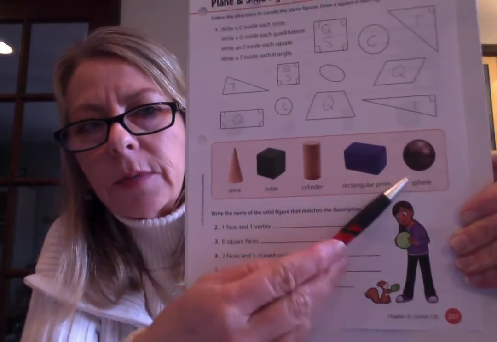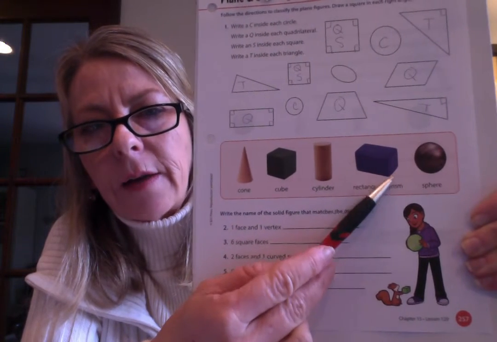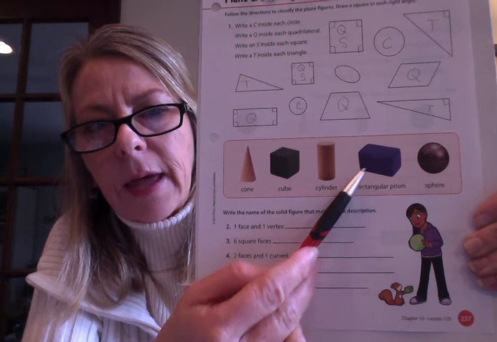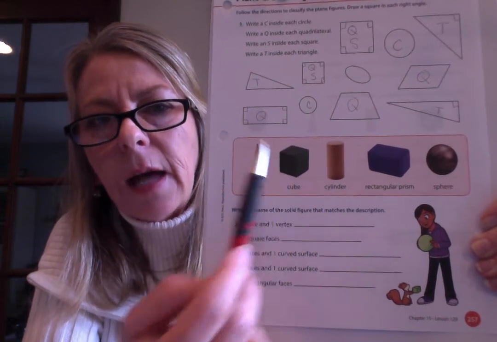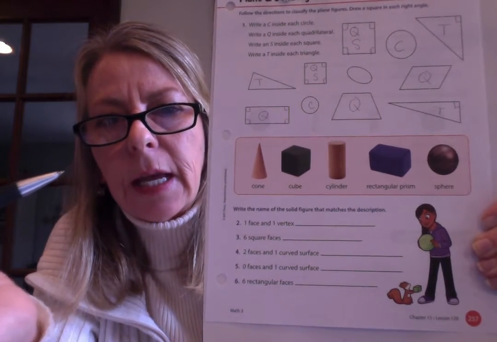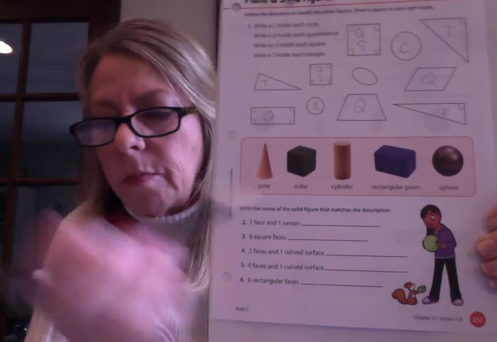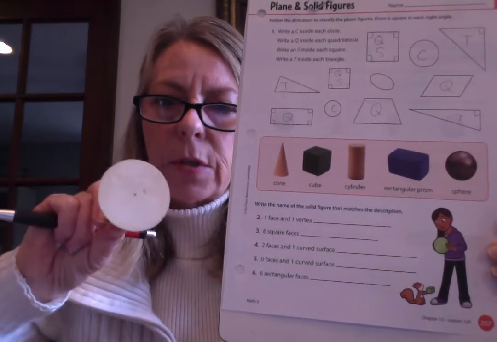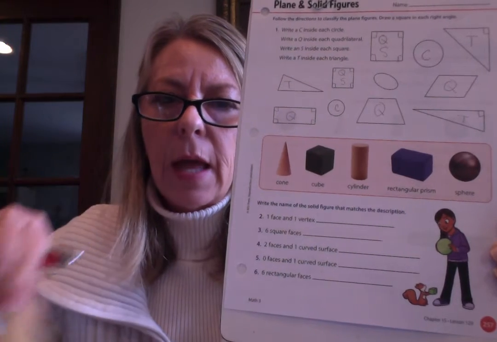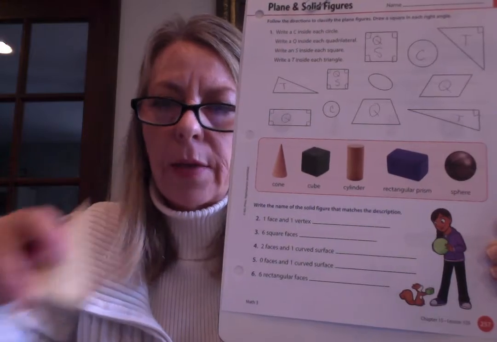This one doesn't have any faces or vertex. This one has a lot of vertices, so I know it can't be that one. This one doesn't have any corners, so it can't be this one. This has a lot of corners, vertices, and lots of faces, so the only one it can be is the cone, because remember, the cone has one circular face at the bottom, and it has one vertex, one corner at the top.